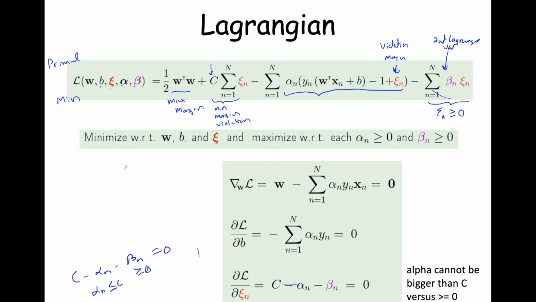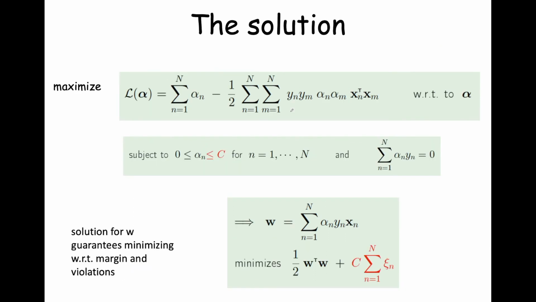We can factor out a psi n, and if we put those terms together, we're going to have psi n times C minus alpha n minus beta n, for n goes from 1 to big N. So you're basically grouping this term with this term times the psi n with that term. And if you do that, everything drops out and you're left with the same dual formulation that you had from before, when we solved the original primal problem without the margin violations. But the one artifact that remains is our constraint on alpha.